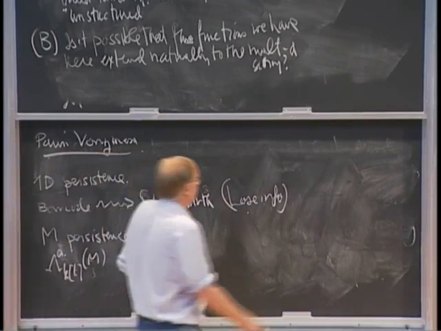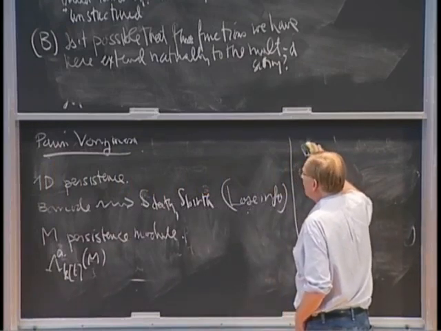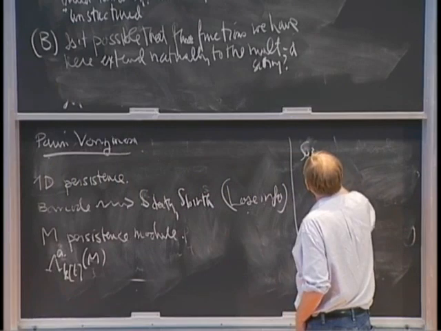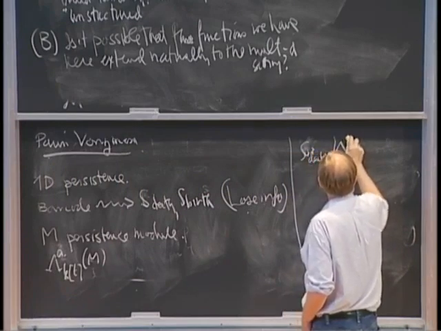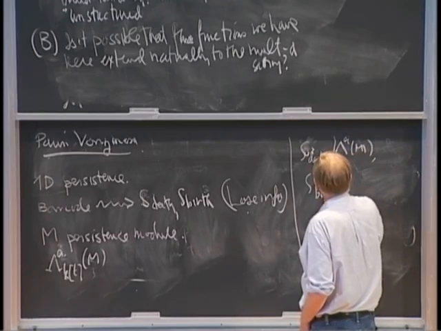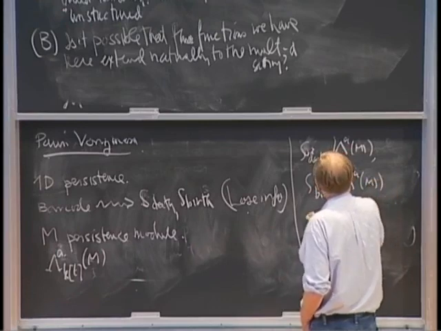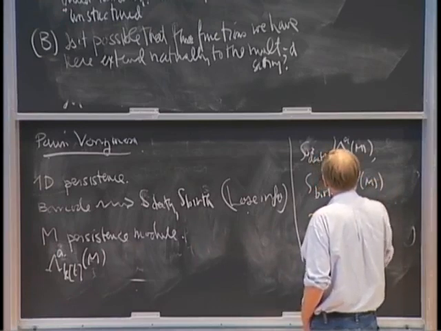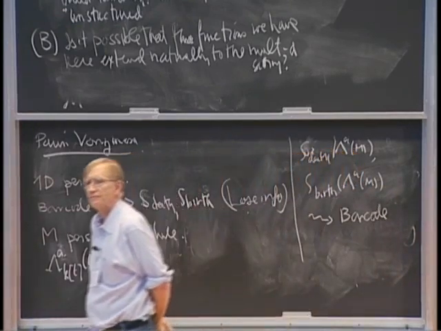Okay? So the birth and death sets of the lambda k allow you to get back to the full barcode. In other words, that gives you the matching information between the birth points and the death points.